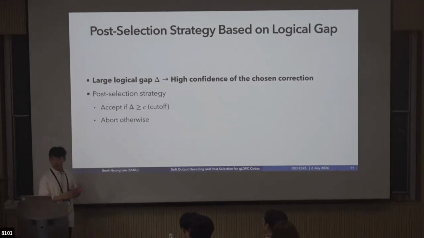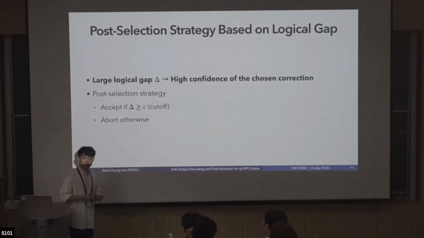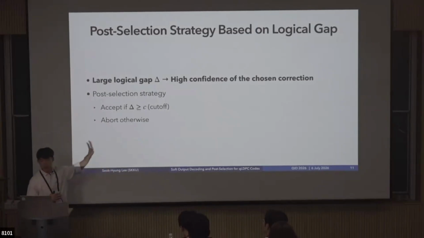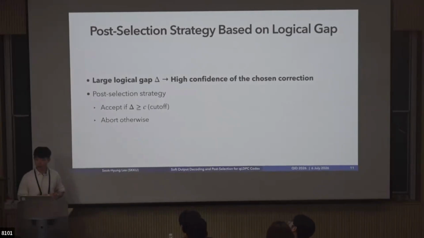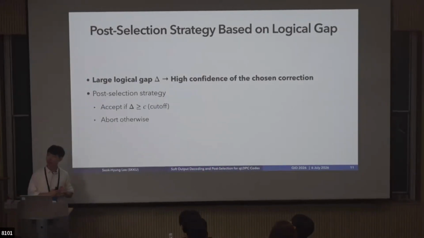But I think a fairer way to compare multiple different post-selection strategies is to plot the logical error rate against the abort rate, not the fixed cutoff value. Then in that sense, the optimal decoder will always give better results than the suboptimal decoder. I haven't proved that, but I think it might not be that difficult.